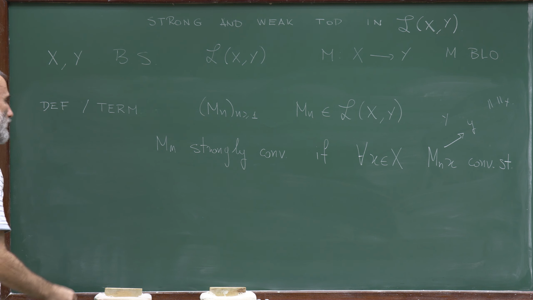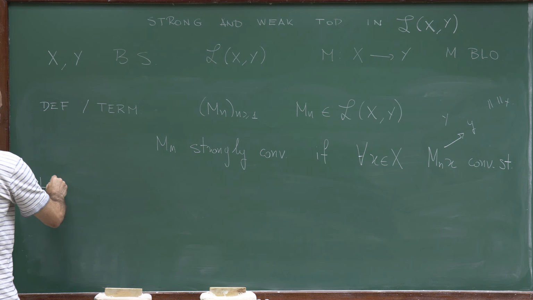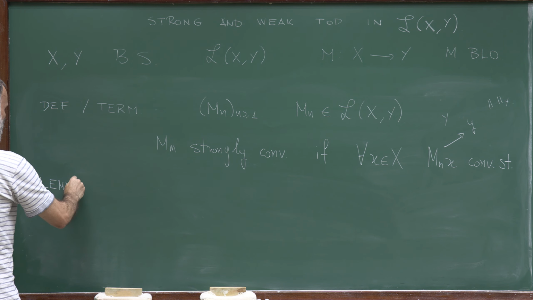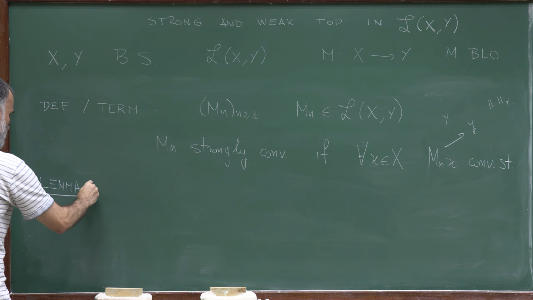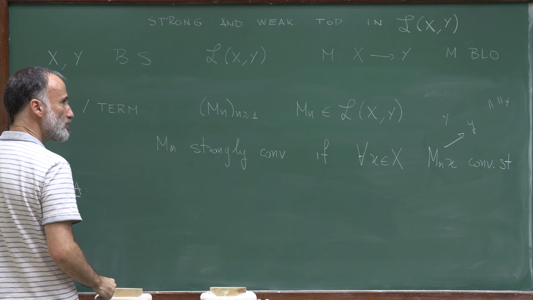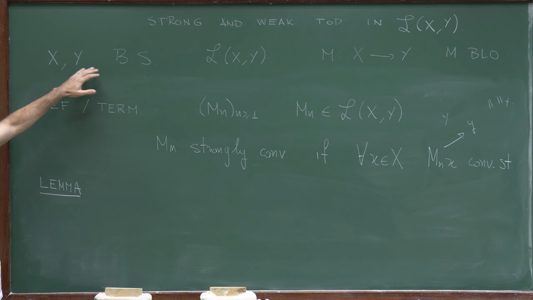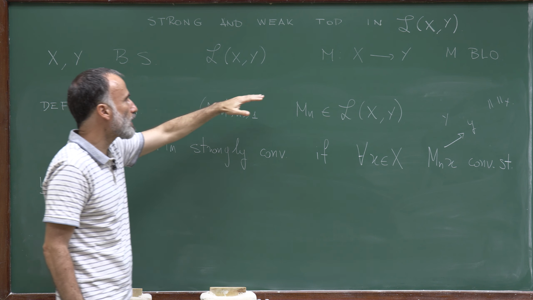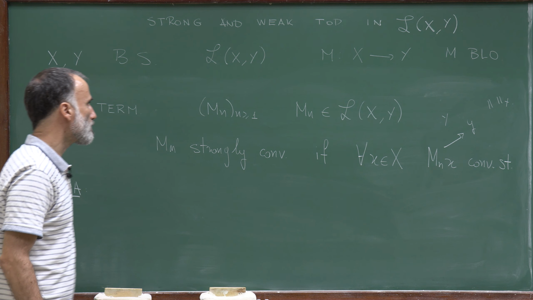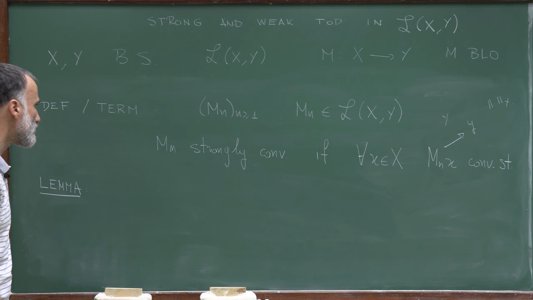And let me prove immediately a lemma. The lemma reads as follows. I will never repeat the fact that I have Banach spaces X and Y and that I have these bounded linear operators.